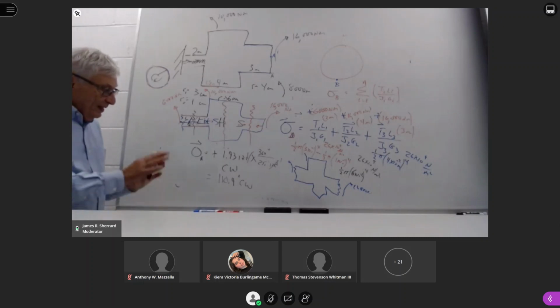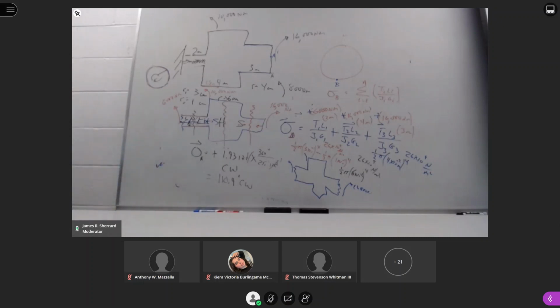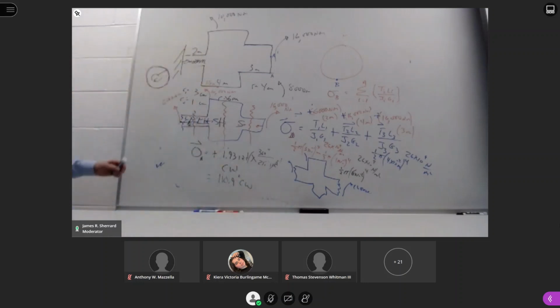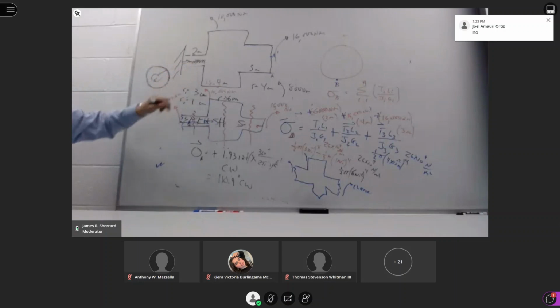Okay. So that answered the basic part of the quiz. Sorry about that. So I then ask, what happens if you fill up this hollow section and make it a solid pipe?